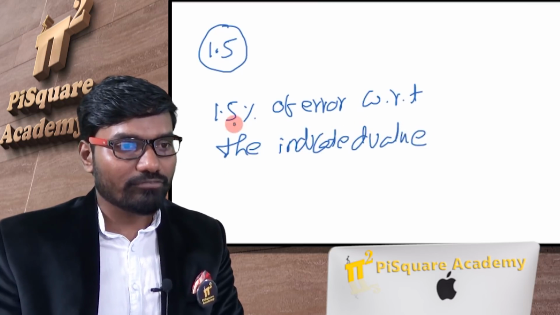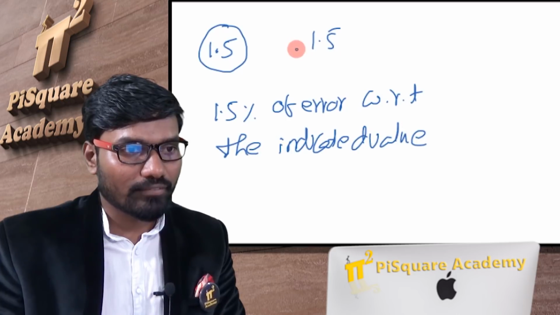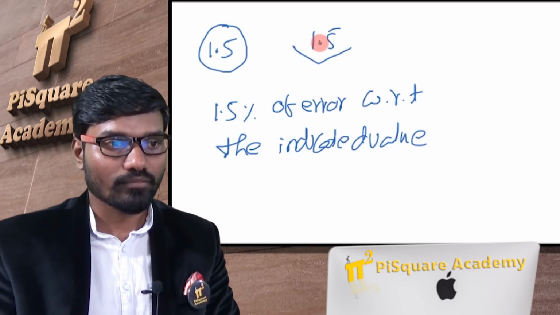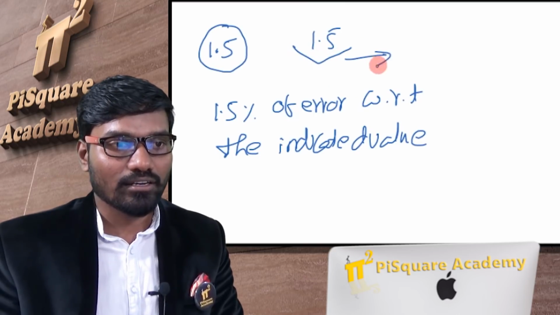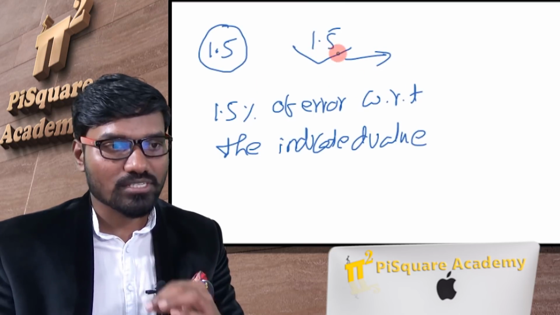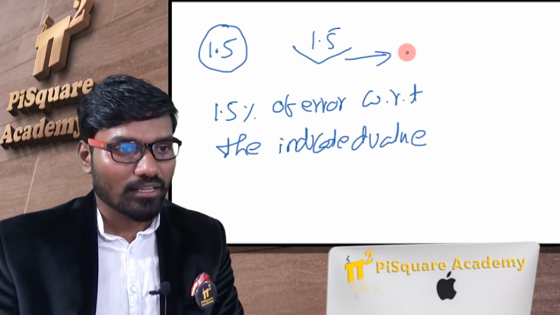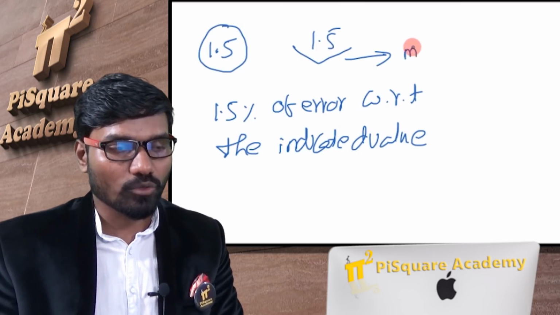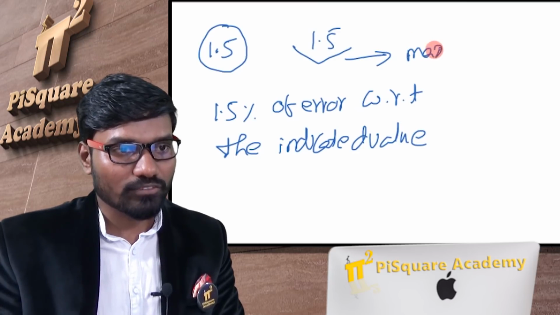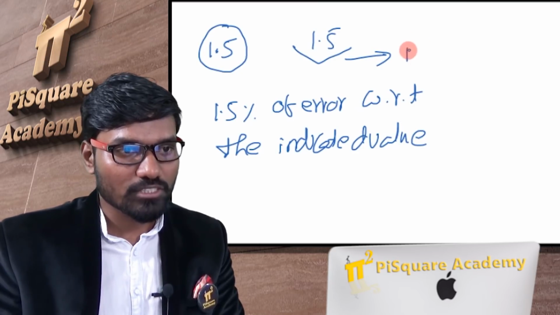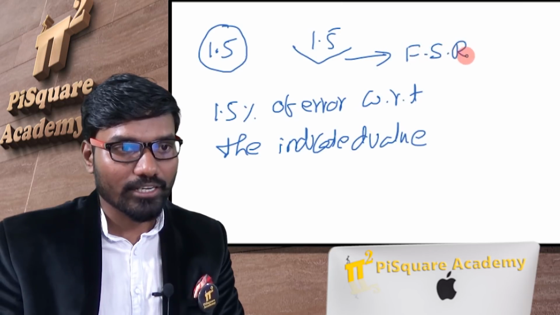Okay, if they give 1.5 and this symbol, means this is having an error of 1.5% with respect to the maximum value or maximum reading of the instrument, or full scale reading I'll call. Full scale reading of the instrument.